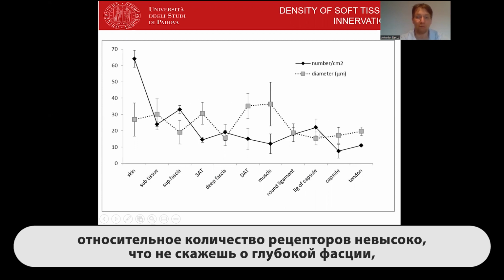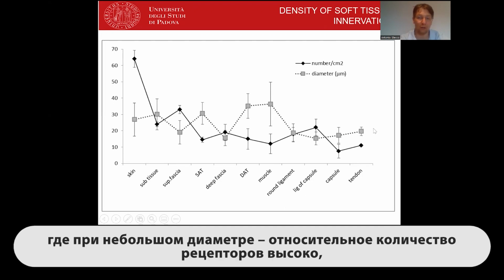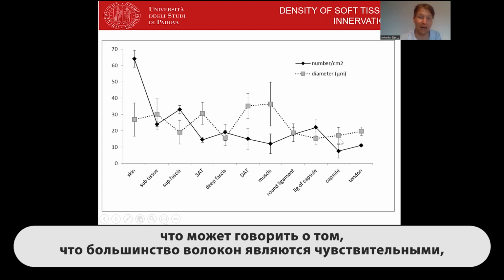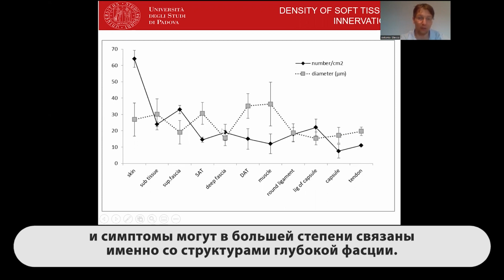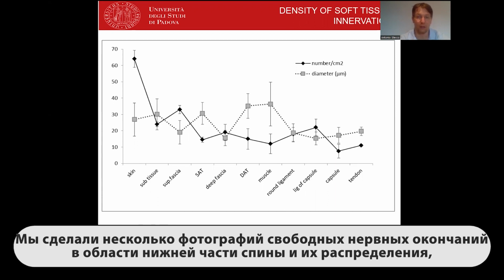So probably this can be important to explain that the capsule and tendon maybe are not really the origin of the symptom. You see, the number of receptors per square centimeter is very low. The diameter is quite high, but a high diameter means a motor fiber. So our deep fascia is definitely more related to the painful sensation than the capsule or tendon that people believe.